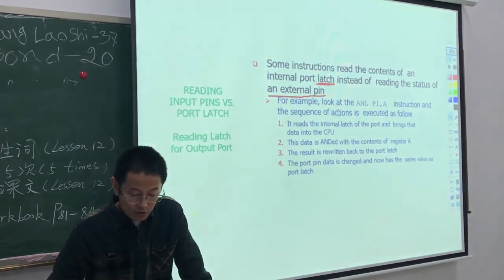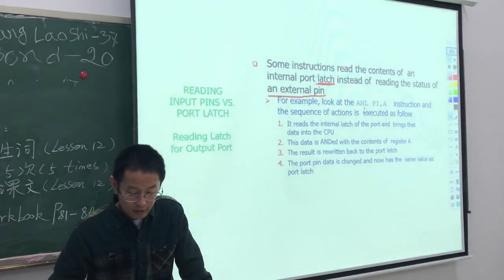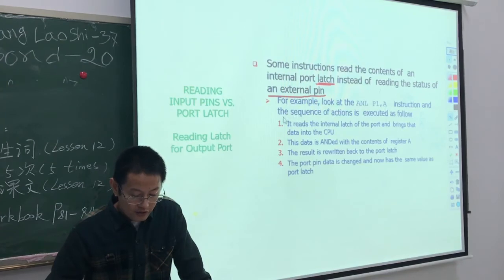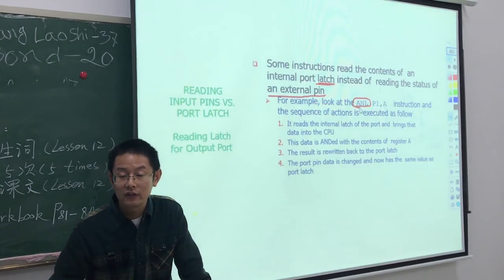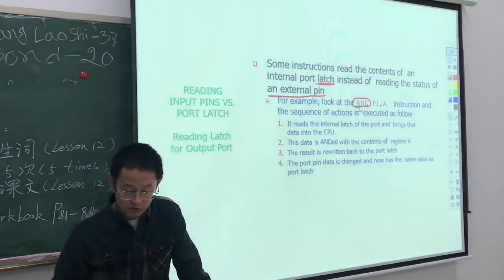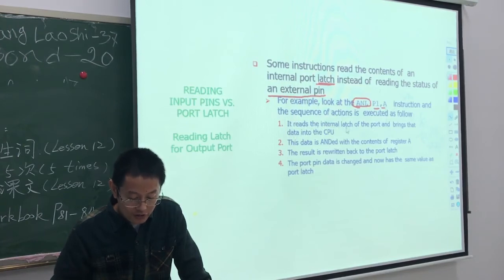For example, look at the ANL P1, A instruction, and the sequence of actions is executed as follows. ANL is AND. The code for the P1 and A. First, it reads the internal latch of the port and brings the data into the CPU.